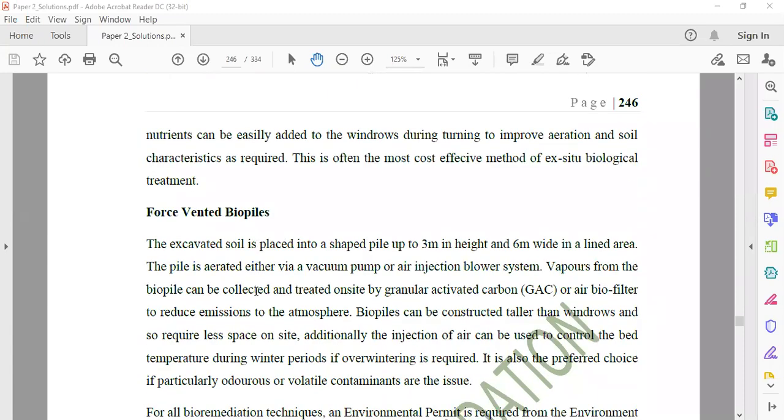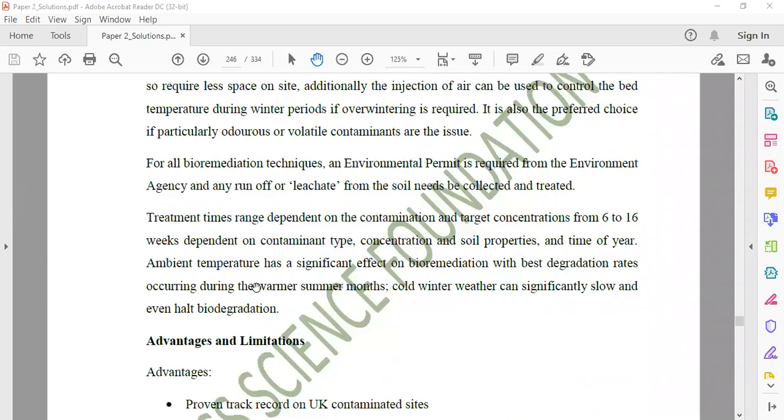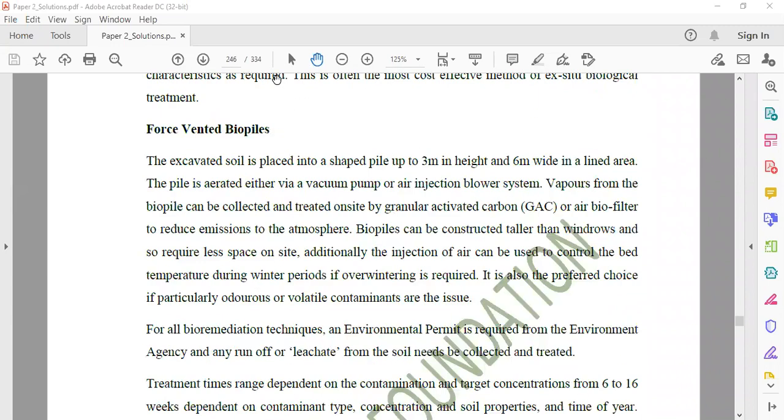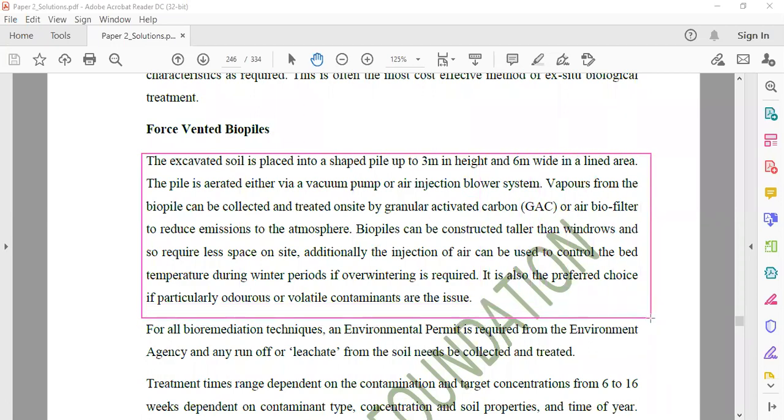Then we have the vented biopiles method, right? So what we do in this biopile? The excavated soil is placed into a shape pile up to 3 meter to 6 meter height in a lined area, and the pile is aerated either via vacuum pump, यहाँ पे ये difference है, or injection blower system, and vapor from the biopile can be collected and treated outside by granular activated carbon or air biofilter to reduce emissions to the atmosphere.